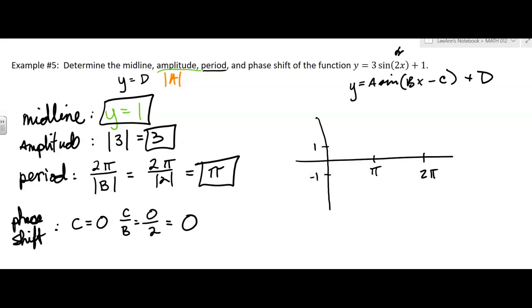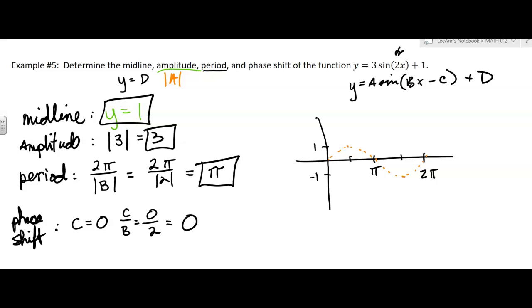So a normal sine curve, I'm going to go ahead and put some lines in here. A normal sine curve would be like here, and here, and here, and here, and here. I think I draw better when I dot it. But anyway, that would be the normal 1 period sine curve, okay?